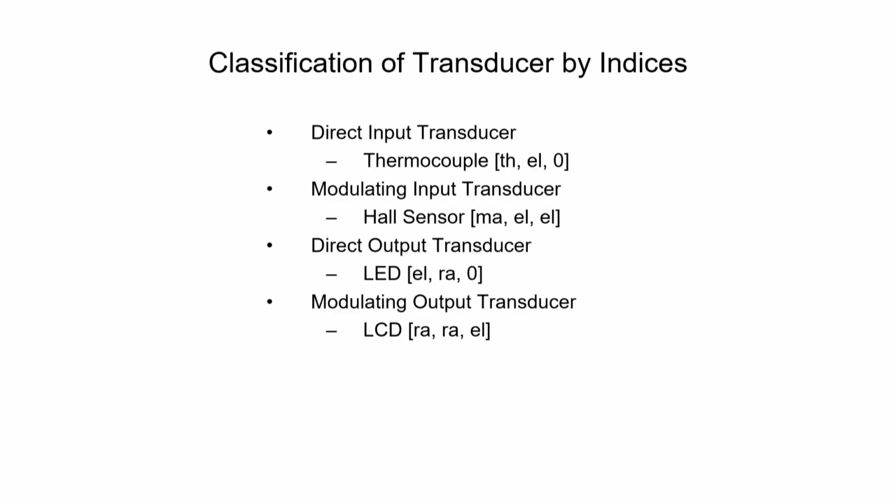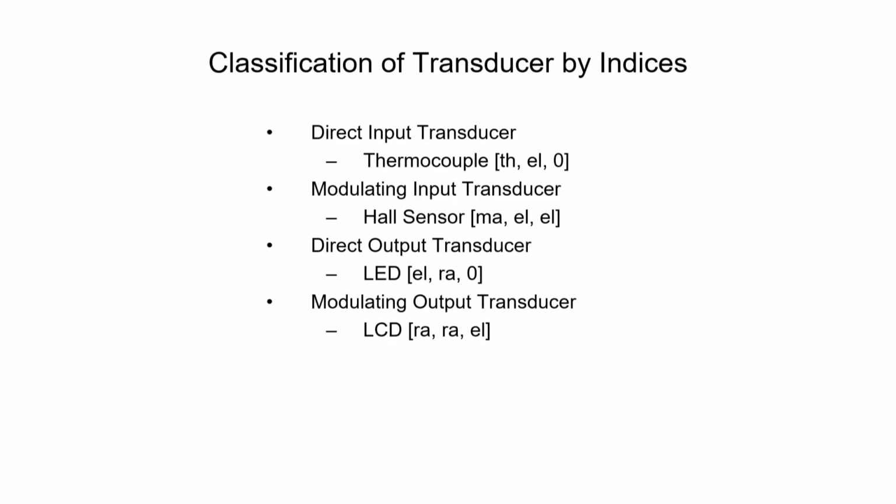Now, classically we can define the transducer with the help of three indices, which are very similar to the Miller indices. So, similar to the Miller indices, we will consider that there is a 3, and I told you already that it can be a 2-port or a 3-port system.